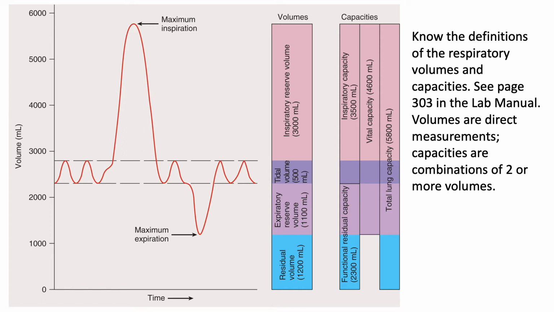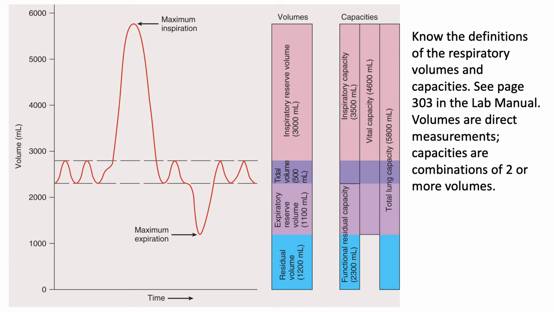The inspiratory capacity is a combination of the inspiratory reserve volume and the tidal volume. Functional residual capacity is a combination of the expiratory reserve volume and residual volume. Vital capacity is your expiratory and inspiratory reserves plus the tidal volume. And then total lung capacity is basically your vital capacity plus the residual volume.